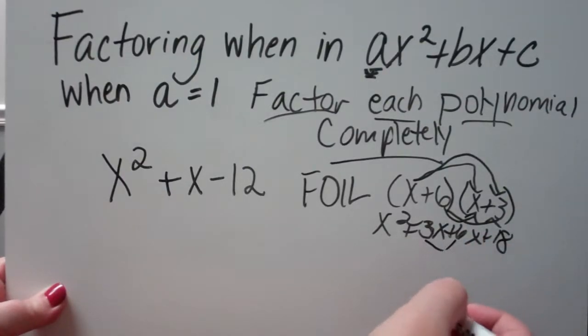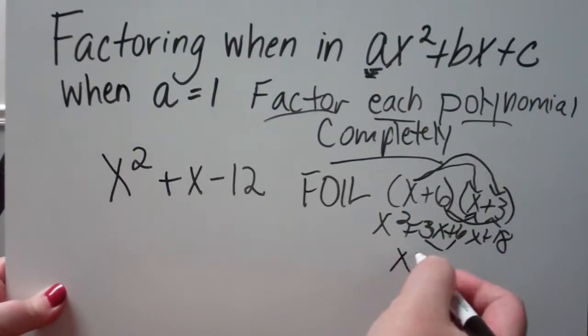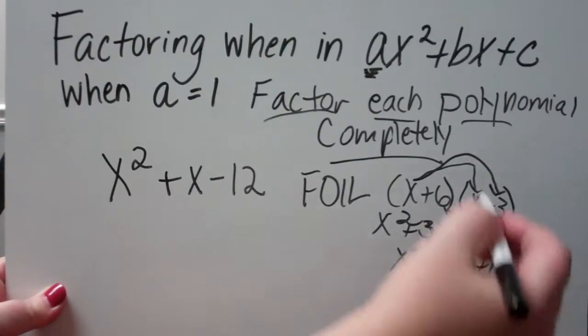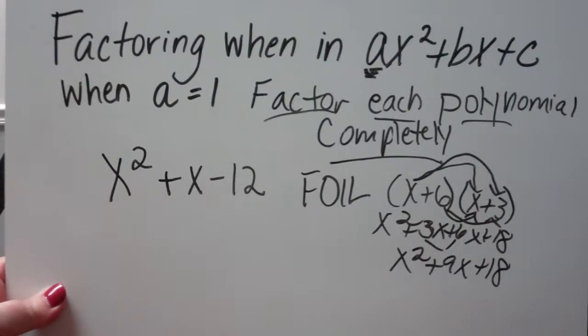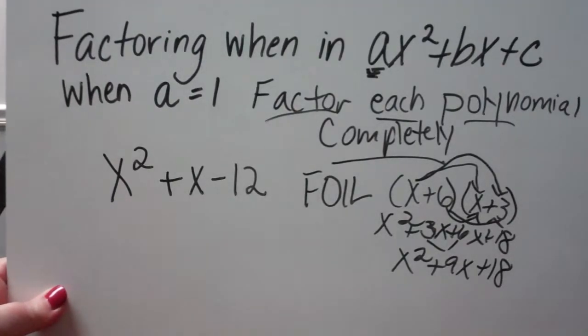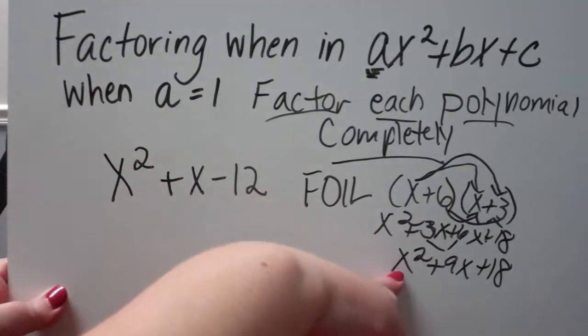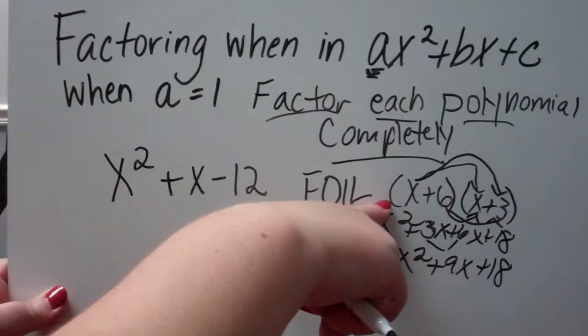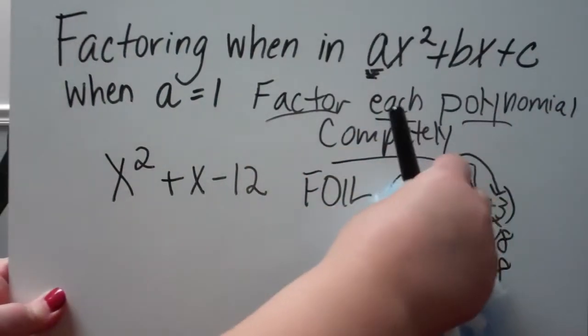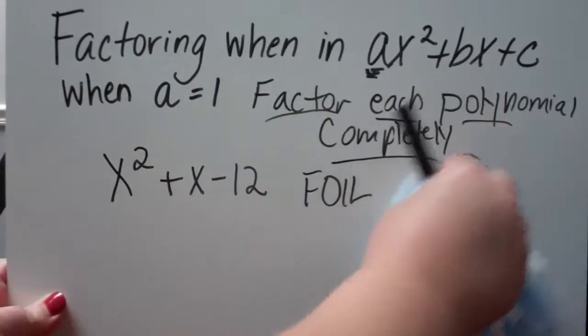We would then combine the like terms in the middle. What we're doing when we're factoring is we're undoing that FOIL method. We're going in reverse. We're starting with this, and we want to come out with something like this.